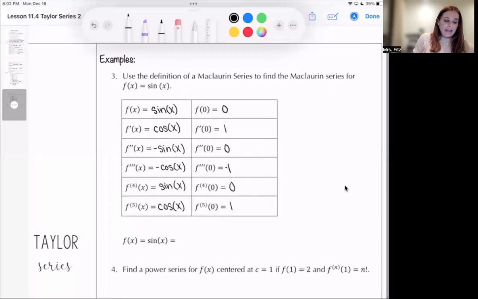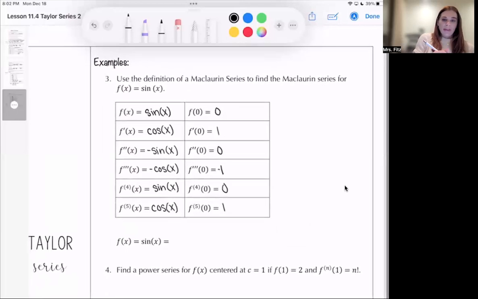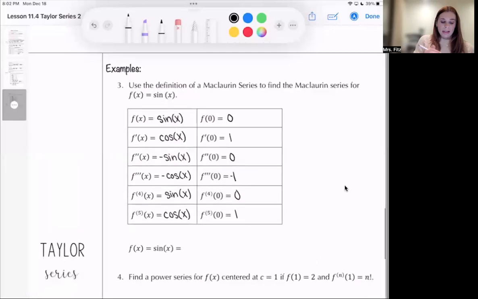Okay. So f of x equals sine of x. We're going to find the Maclaurin series. So we always start with f of 0, which is 0 in this case. So that term's gone. And then plus f prime of 0, which is just 1, times x, right? So we start with x, plus that next term zeroes out. It would be 0 x squared over 2 factorial, right? That's gone.